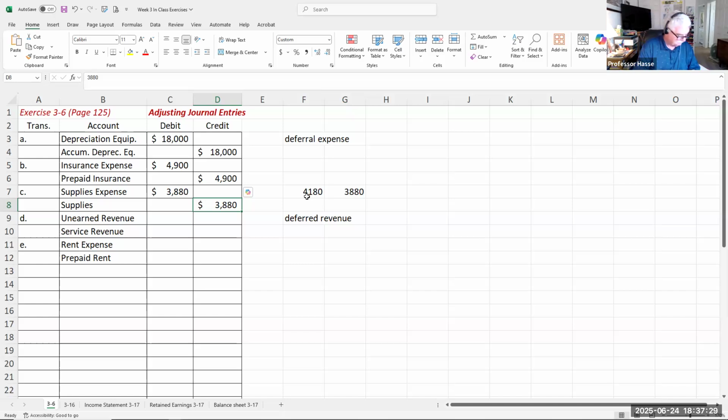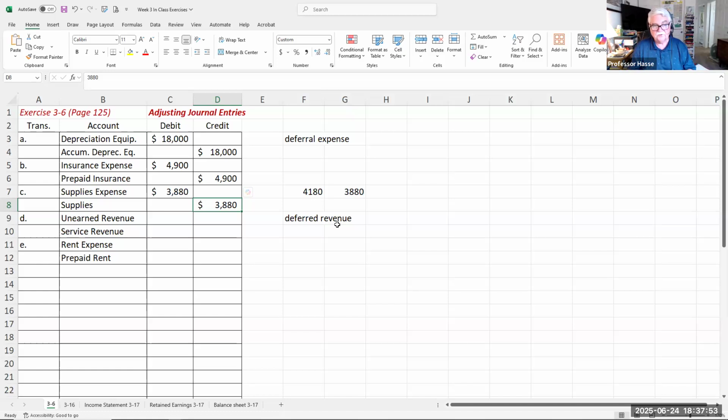Transaction D. 2/3 of the work related to $15,000 of cash received in advance was performed this period. 2/3 of the work related to $15,000 of cash received is now being considered earned.